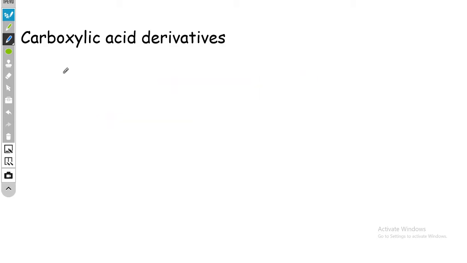The presence of an ester or amide group is confirmed by hydrolysis of the compound and analyzing the products.